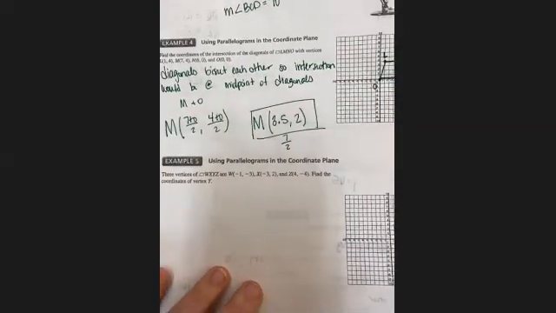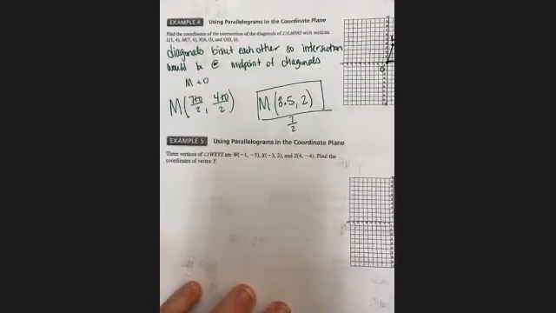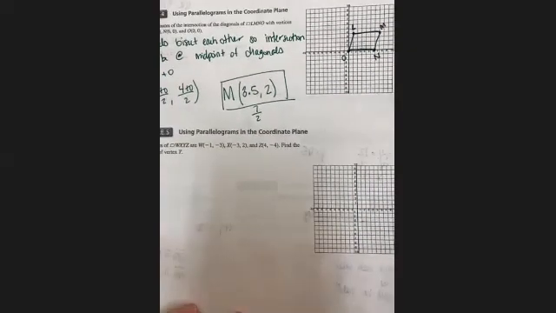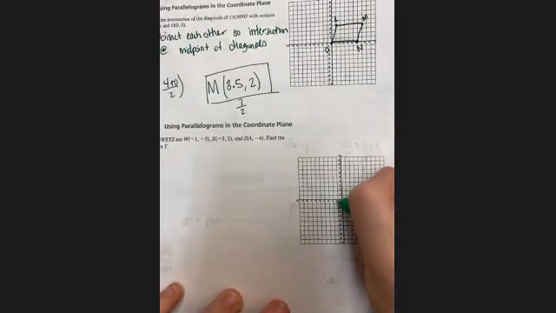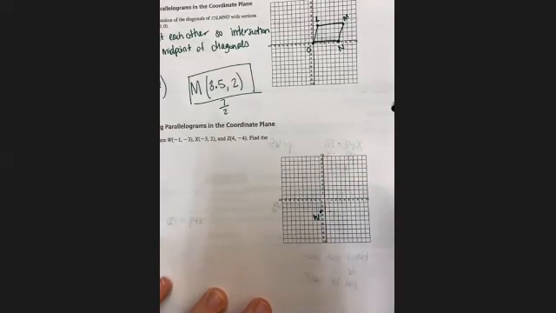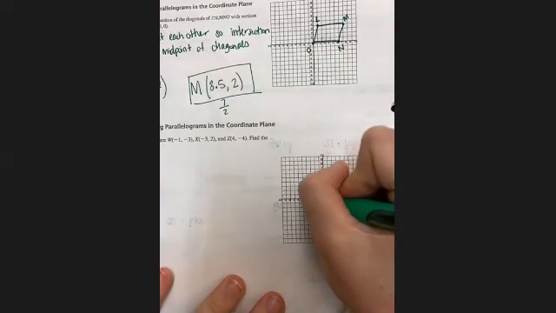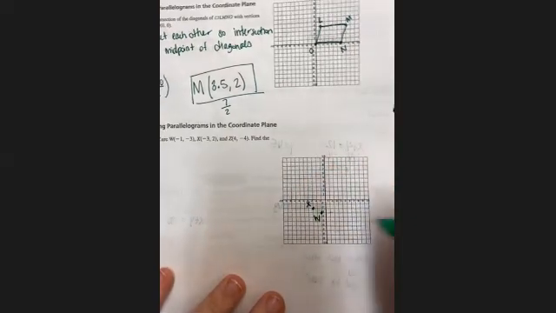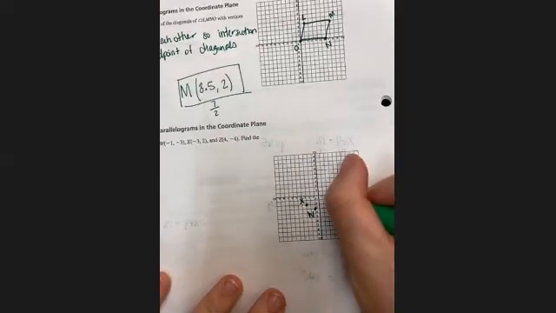Okay, so now in example 5, it says using parallelograms in the coordinate plane, three vertices of quadrilateral W, X, Y, Z are W at -1, -3, X is at -3, 2, and Z is at 4, -4.